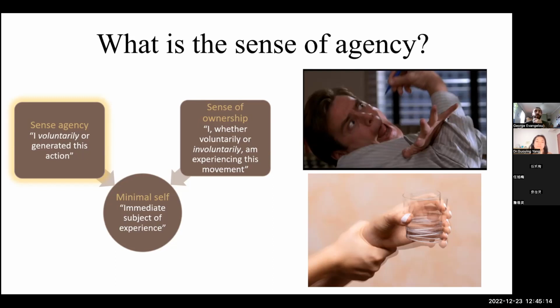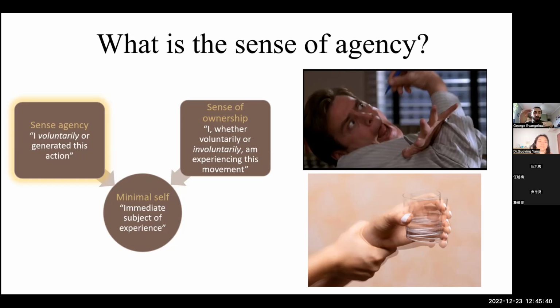And so another implicit measure, and probably more widely used as well, is something called intentional binding. When we have operant action, so if we make an action to cause an effect, the classic one is when you press a button and it causes a tone, a feedback, and you introduce a delay between the two.